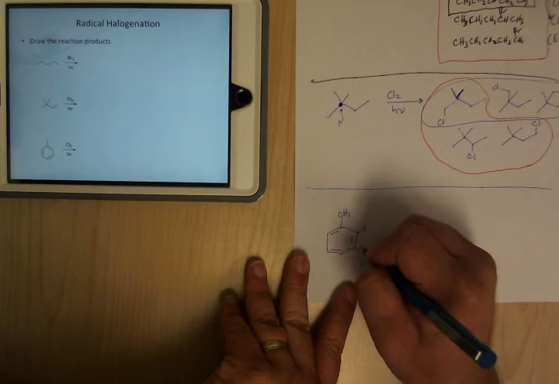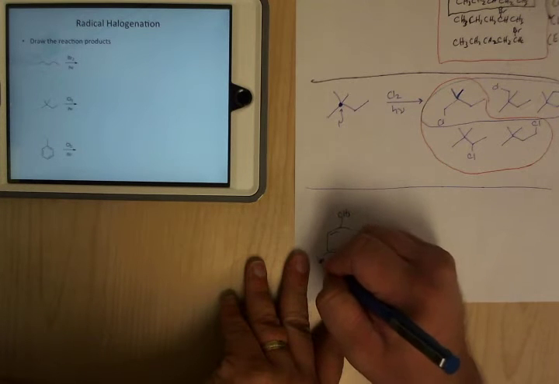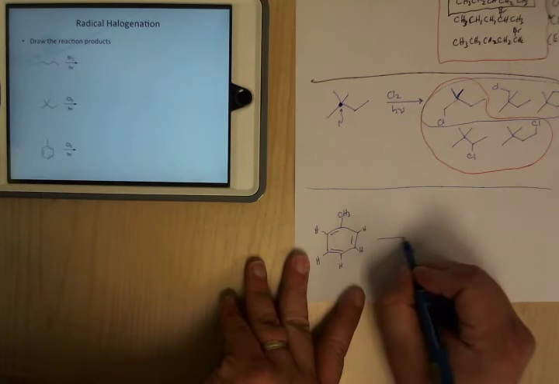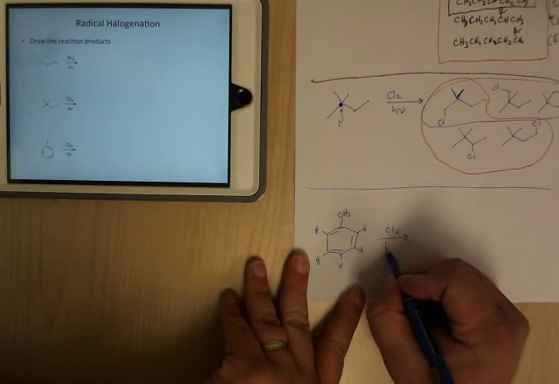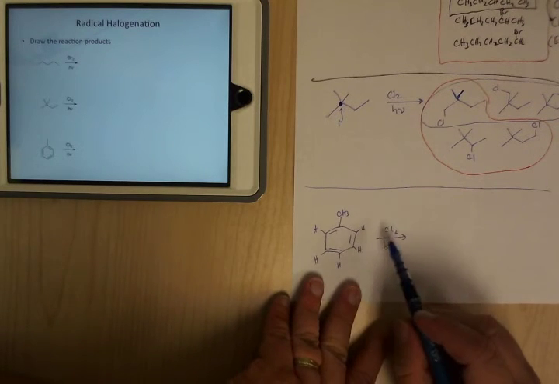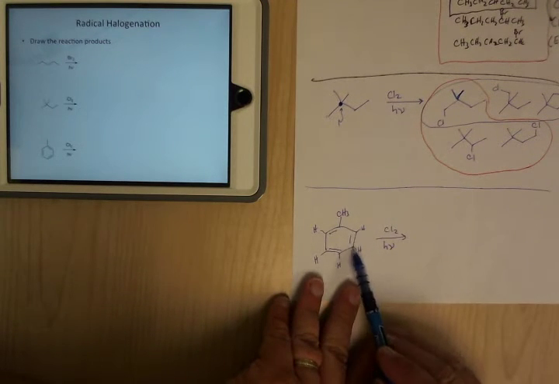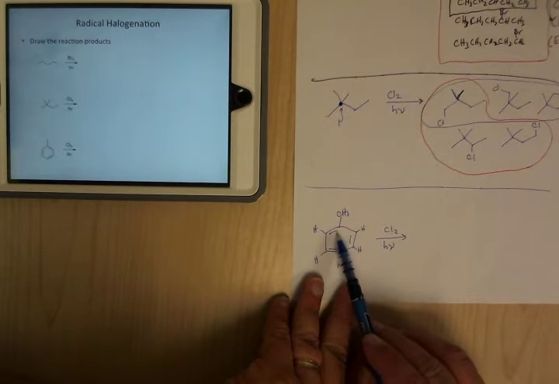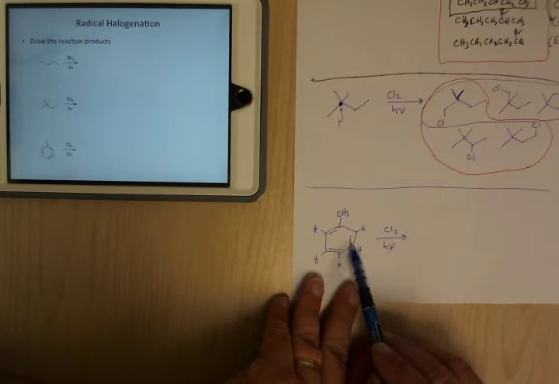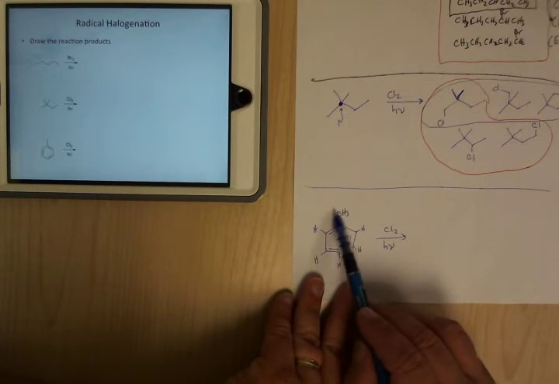Remember there are hydrogens here. We add chlorine to it, with light. But notice how all of these carbons here are attached to carbons with double bonds, so there's no hydrogen here, and you can't deal with that. But this one is attached to that double bond, and so is that one. All of these have double bonds except for this one.